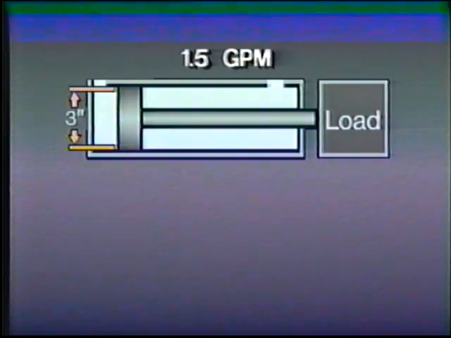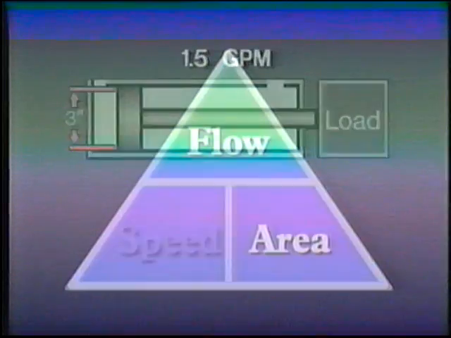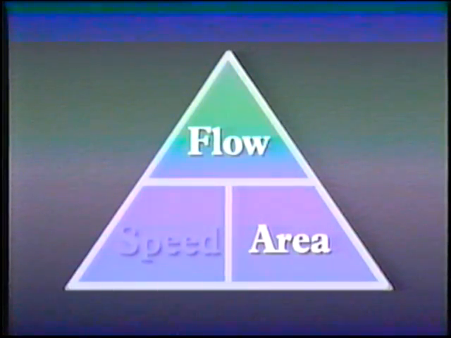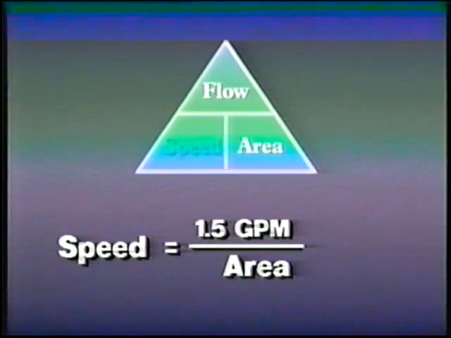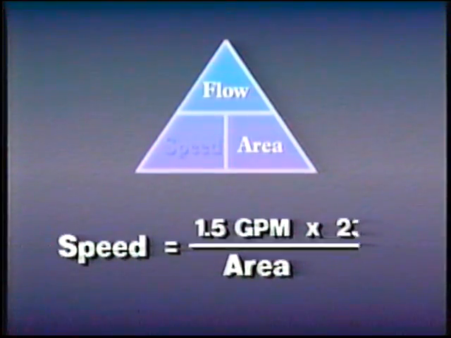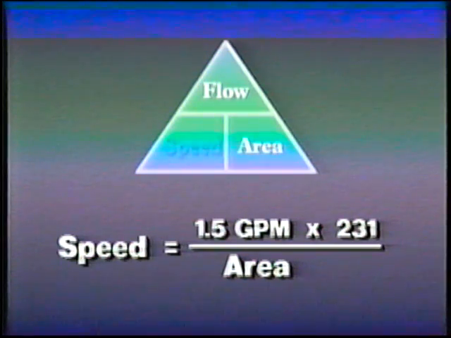Suppose you need to know how fast a piston will move if the bore of the cylinder is 3 inches and the flow rate is 1.5 gallons per minute. Using the triangle, we see that to determine speed, we must divide the flow rate by the area of the piston. If the flow rate is given as 1.5 gallons per minute, we need to convert that to cubic inches per minute by multiplying it by 231, the number of cubic inches in 1 gallon.